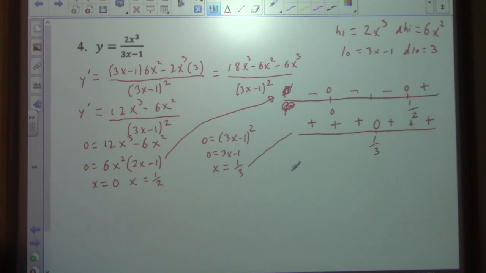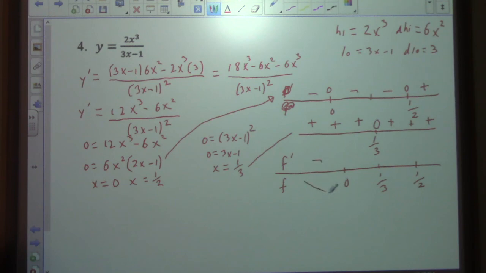So now, if we go ahead and put those two together, f prime of x and f, and we put those critical numbers together, 0, 1/3, and 1/2, we can look, what's a negative divided by a positive? Negative, right?